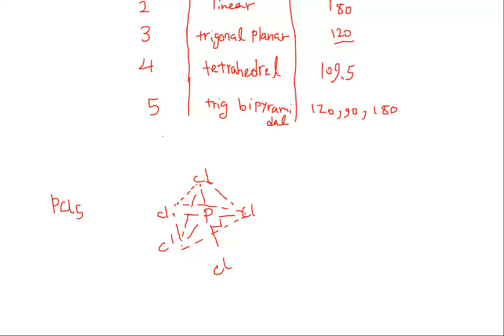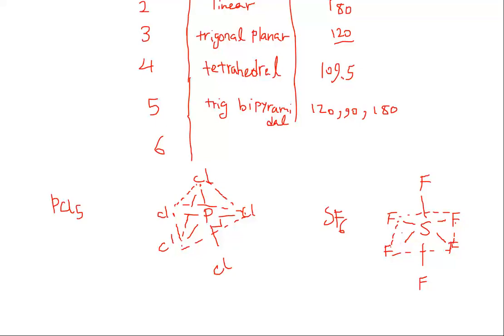And when we have 6 electron regions, like the case of SF6, the sulfur and 4 fluorines are inside a plane, making a square, one up and one down. So it is octahedral.